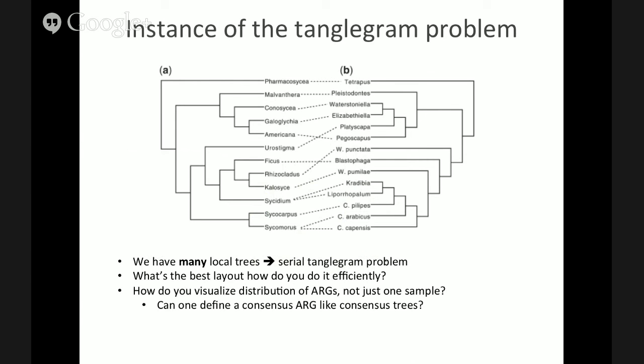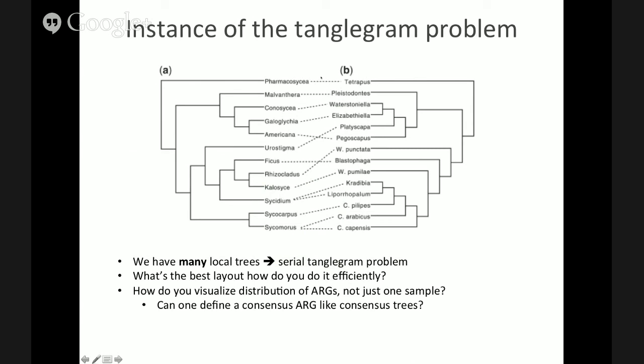What's kind of cool about this visualization is that it's an instance of the tanglegram problem. We have a local tree per site, and to really make the visualization work, we want to make each local tree differ from the previous one as little as possible.